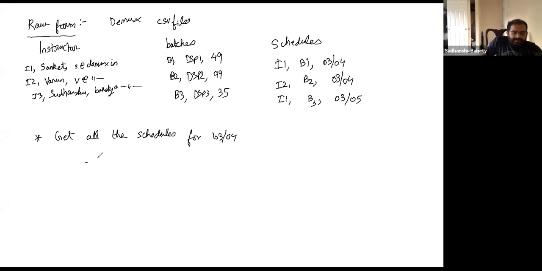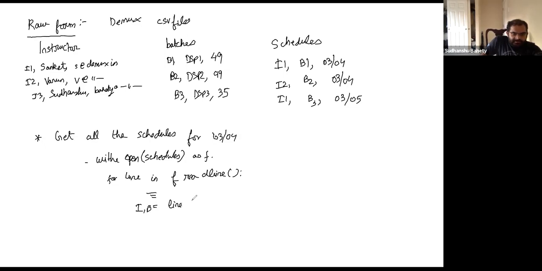In Python, I will say with open schedules as f, for line in f.readlines, then there will be some checks going on and you will read the data, like select I, b is equal to line of 0 to 1, I guess. And then you print ib, and that's how you do it. It's a pretty simple way.